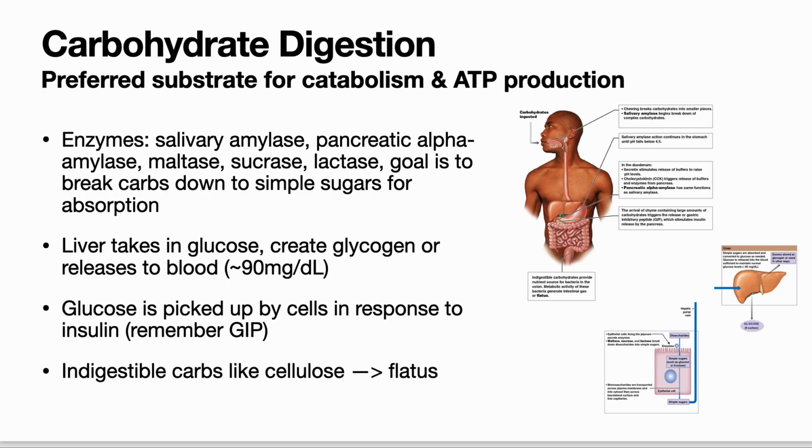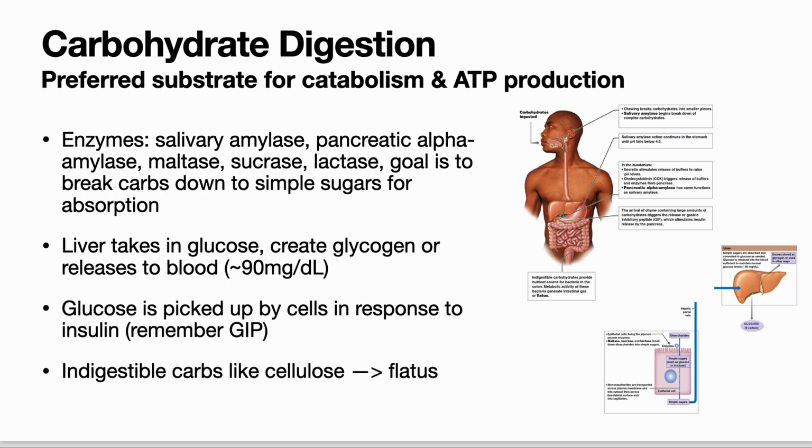So some of the major players or enzymes that are going to help us break down carbohydrates include salivary amylase in the mouth, pancreatic alpha amylase coming from the pancreas and entering the duodenum. There's a whole bunch of others like maltase and sucrase and lactase. These are all going to break down disaccharide sugars.